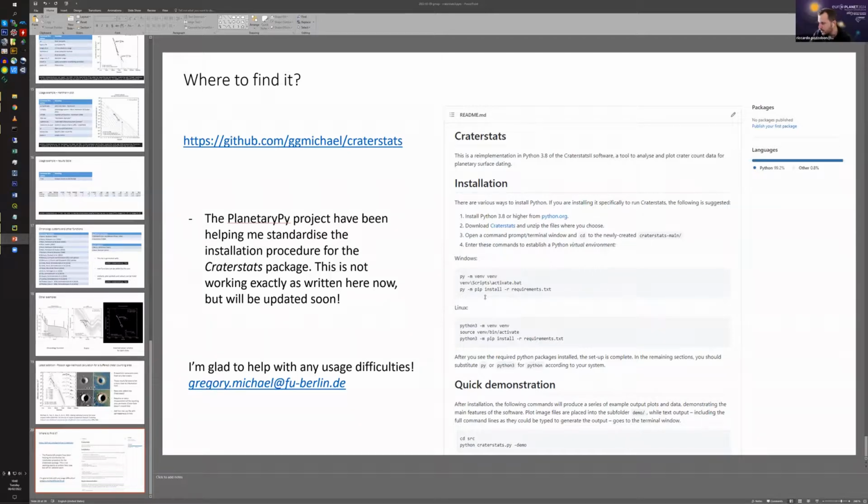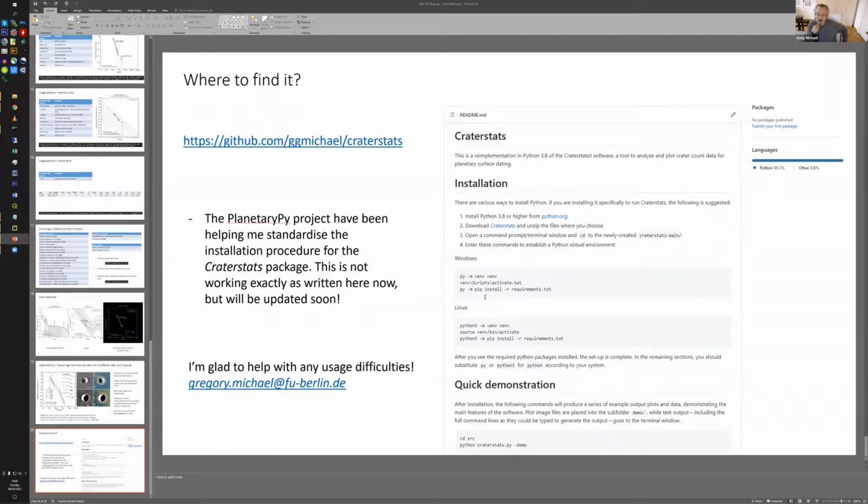Thank you, Greg. Another question: is there any crater analysis tool that looks at the smoothness of the crater rim when covered with regolith that can help age the crater? So I believe it's asking if we can use the crater degradation in order to age the crater. The interesting papers to look at for that are the ones from Alexander Basilevsky. He's worked on that off and on since the 70s.